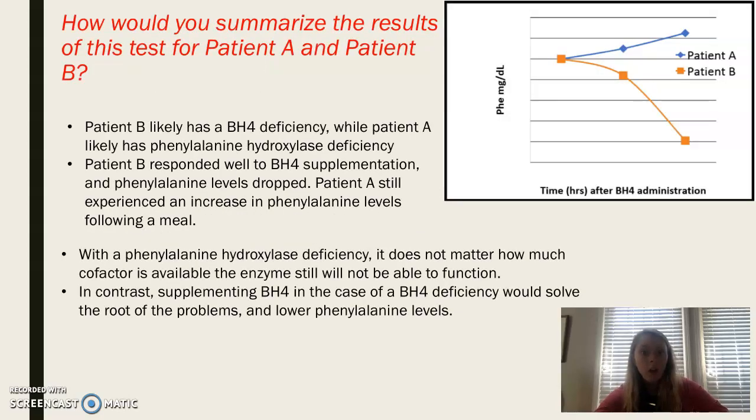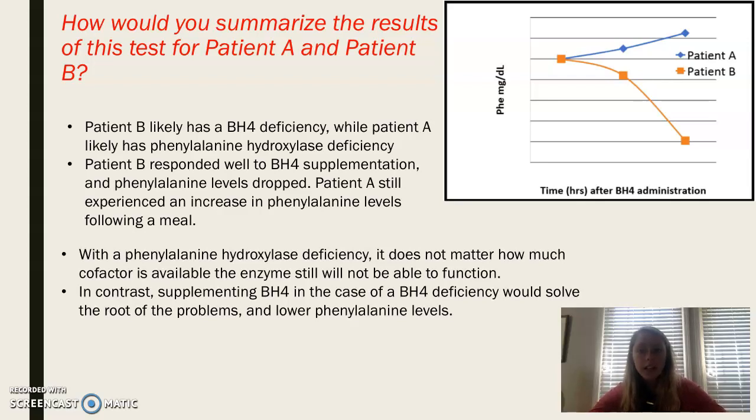So for patient A and B, they both did a BH4 loading test. Patient A did not respond well to the BH4 loading test. Patient A's phenylalanine levels still increased after the meal, even with BH4, but patient B showed an improvement in phenylalanine levels after the BH4 administration.